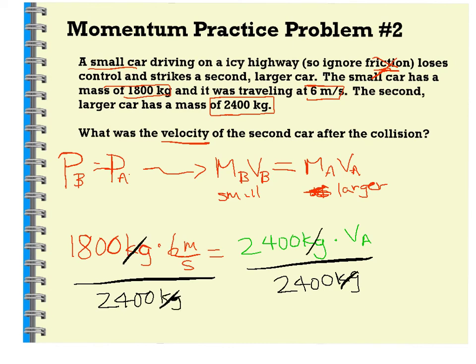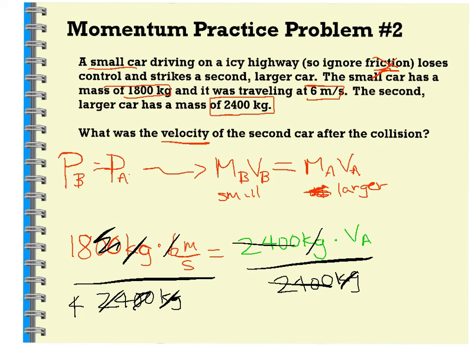We're left with meters per second, and before we do the math, we should probably cancel out these zeros, and we can cancel out the 6 and put a 4 here, because 6 goes into 24 4 times.